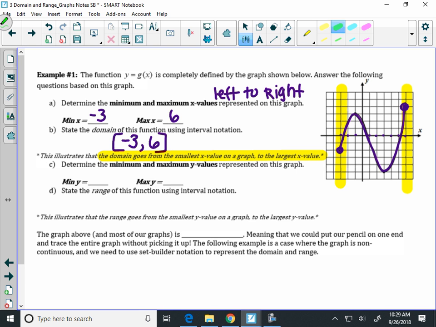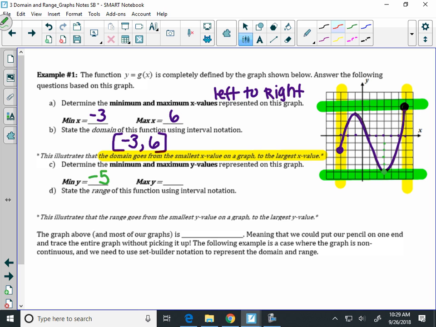I'm going to switch my color here. So I go to my smallest y value. That is the lowest point on your graph to the very highest point on your graph. The y's go bottom to top. All right, so the smallest y value here is down at negative 5, counting 1, 2, 3, 4, 5.